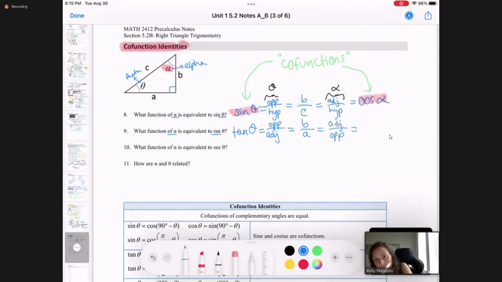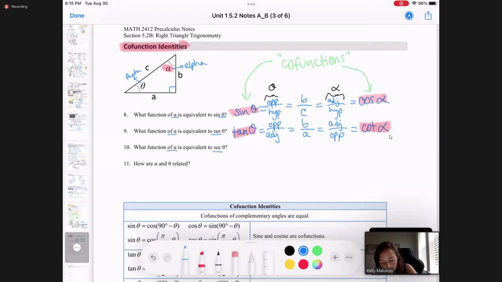So we flipped it. And so this is cotangent of alpha. If anyone's not seeing this, let me know, I can stop and explain. So tangent and cotangent are co-functions, which kind of makes sense.